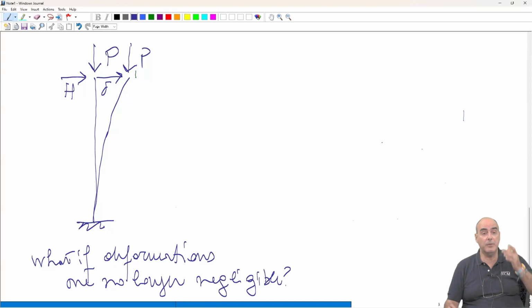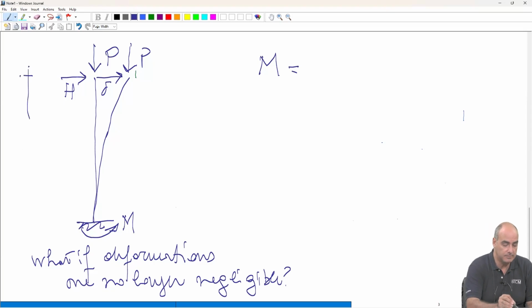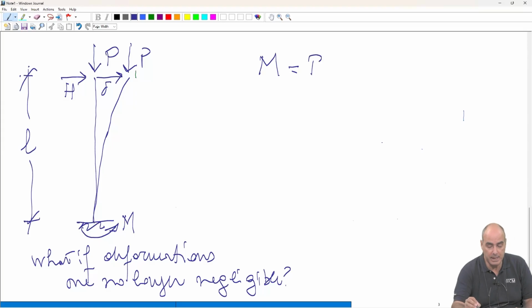Well, if the deformations are no longer negligible, you see, it means that if you want to write your moment equilibrium here at the bottom, you will have that M is equal to P times L, to H times L.